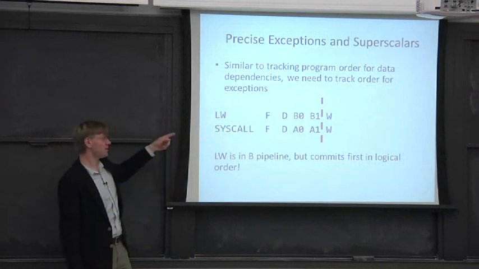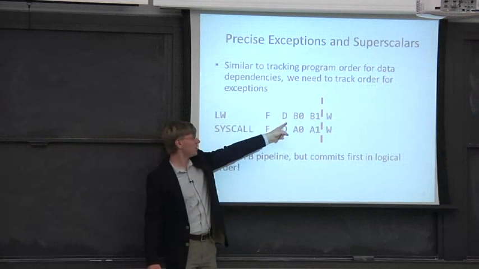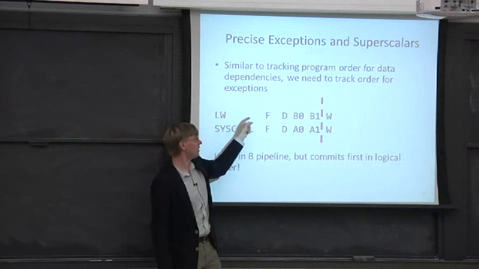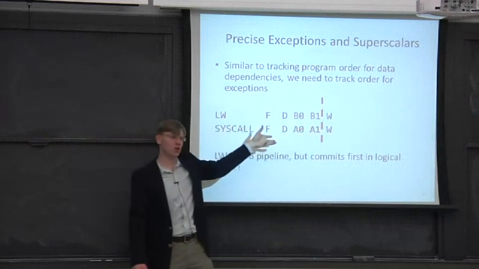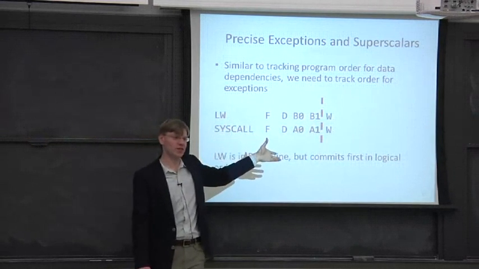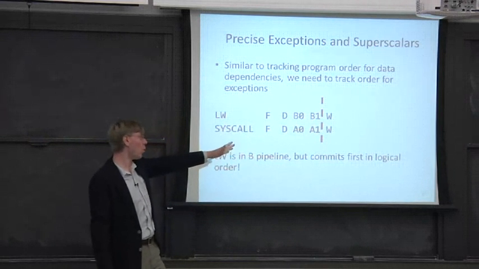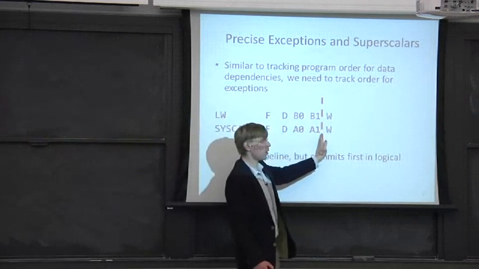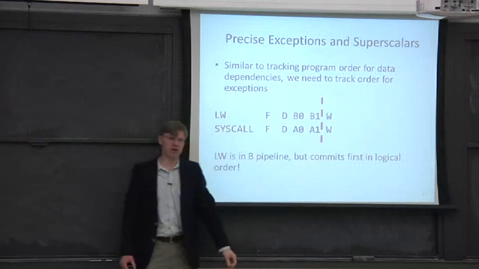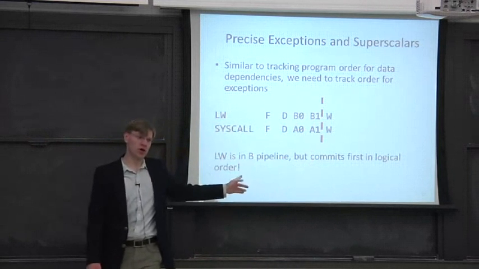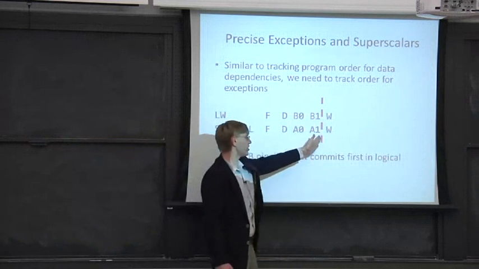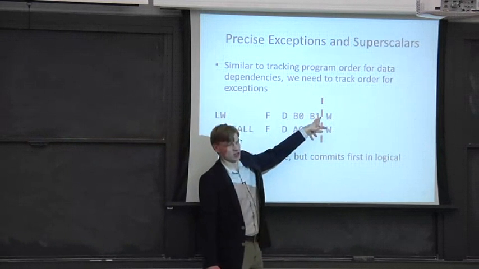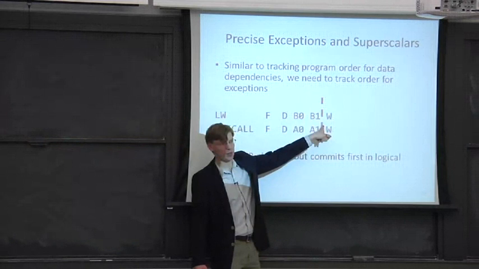Well, so what happens here is that the load should go down the pipe and complete. And in order not to deadlock, basically your decode logic is going to have to either know about this, or very late in the pipe, you have to have what we're going to call a commit point, which we're going to be talking about later in today's lecture. And you have to make some rational decision here of which of these actually occurred in order, and you somehow have to track that going down the pipe.